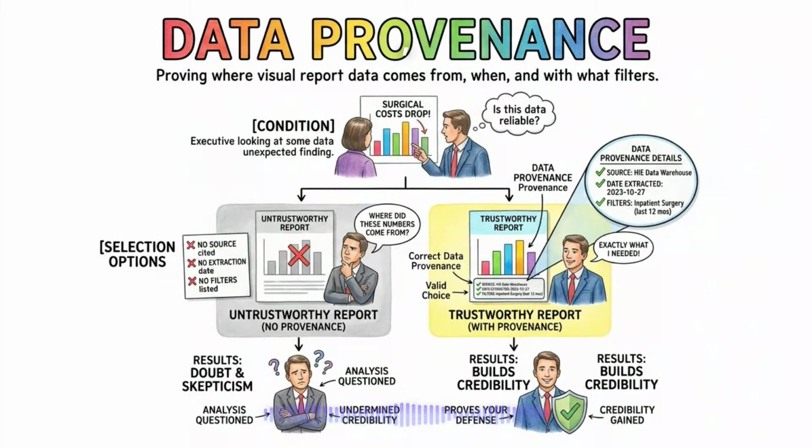If an executive sees a surprising chart that shows surgical costs dropping, their first question will always be where you got those numbers. By including a small note at the bottom of the chart explaining your exact data sources, you instantly prove your credibility and defend your visual analysis.